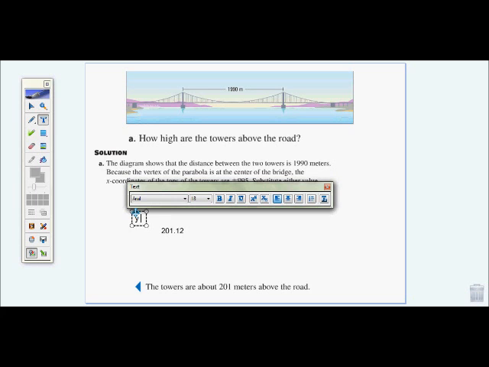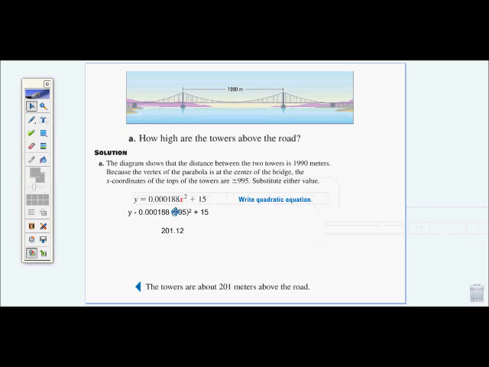So we would have y equals 0.000188 times 995 squared, and then we add 15, which was our original formula. We end up with approximately 201.12.